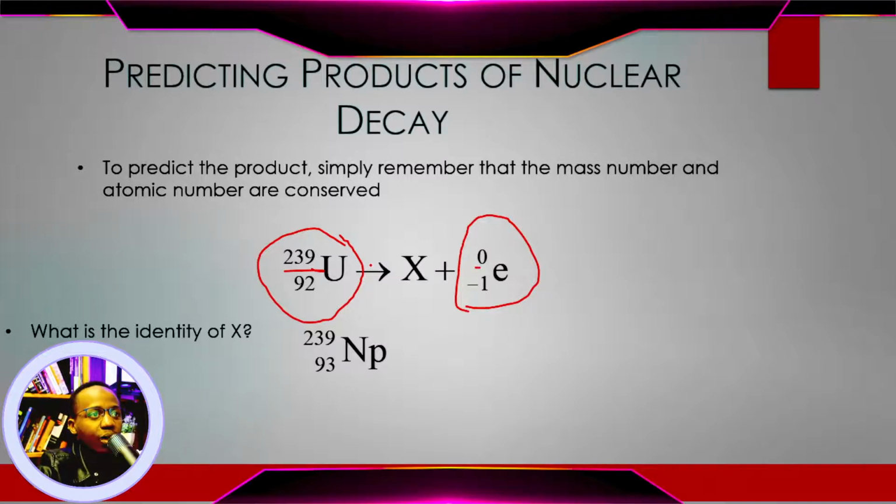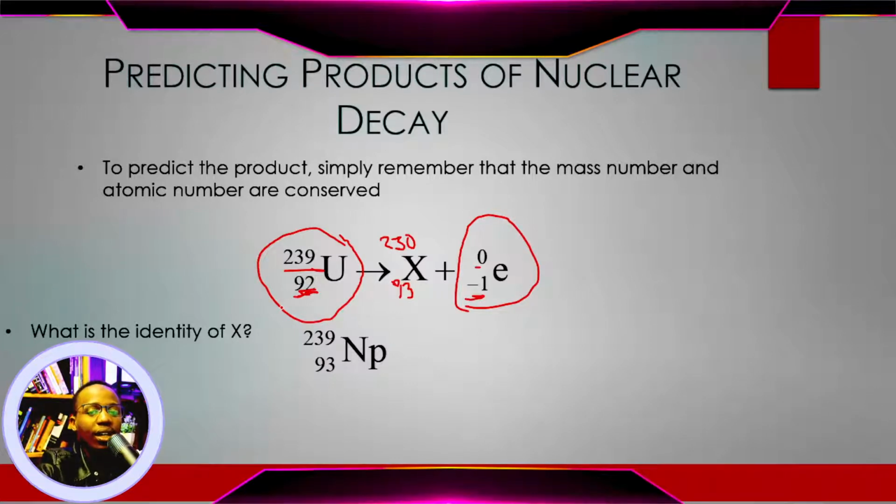What does it mean that you have here at X? You have 239 because it needs to be equal. What about down here? You have 92 here. You have -1 here. What number do you put here so that it will be equal to 92? You put 93 here. Why? Because 93 minus 1 is equal to 92. They have to be equal.